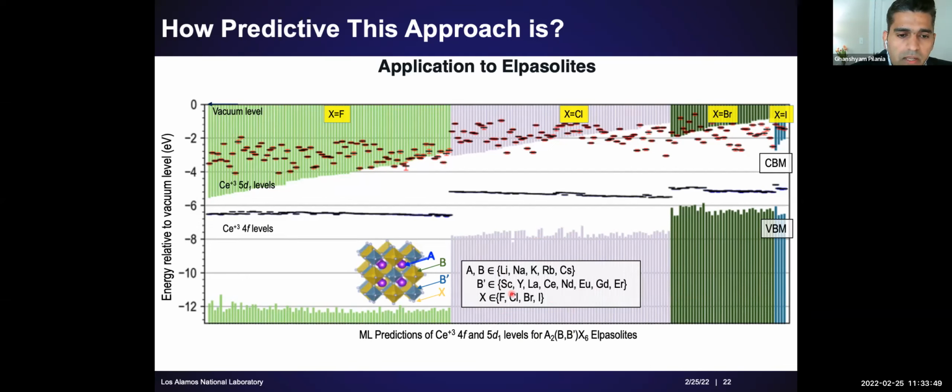And so we wanted to check if our scheme is able to highlight those candidates or not. So again, the band gaps were calculated using hybrid DFT, and 4F and 5D levels in each case were predicted using our machine learning model.